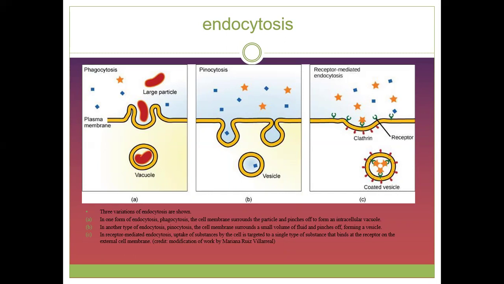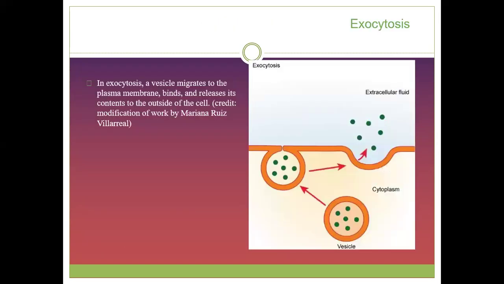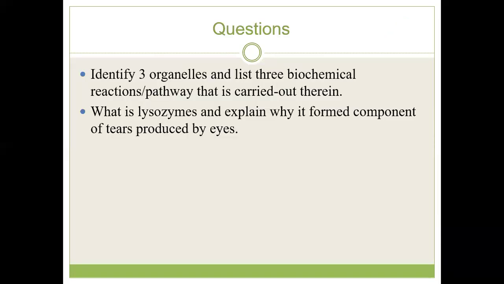You have pinocytosis, where you have molecules, fluid, taken into the cell in form of a particle, and you have receptor-mediated endocytosis. And also the classical example of exocytosis, which I mentioned with regard to lysosome.